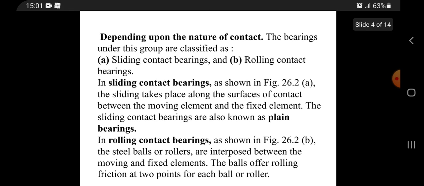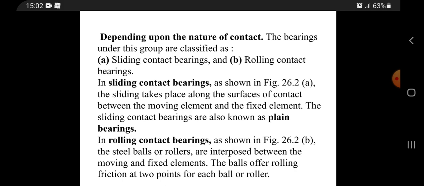Next, depending upon the nature of contact, the bearings under this group are classified as sliding contact bearings and rolling contact bearings. In a sliding contact bearing, as shown in the figure, the sliding takes place along the surface of contact between the moving element and its fixed element.